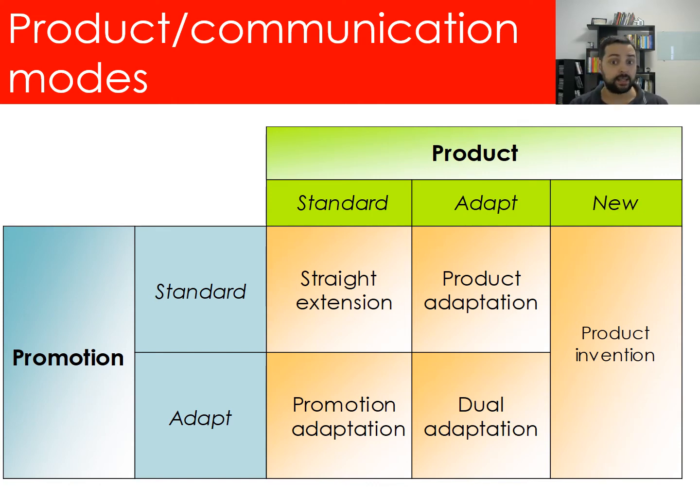People know the brands, and in that case, you're going to use a high level of standardization on your promotion. But on the other side, you're going to adapt your product. And sometimes this can be due to some characteristics of the target group. For instance, in Brazil, people are much more price sensitive, and also cars are very expensive here, given different factors.